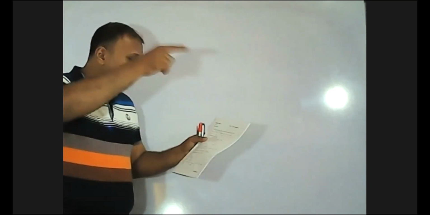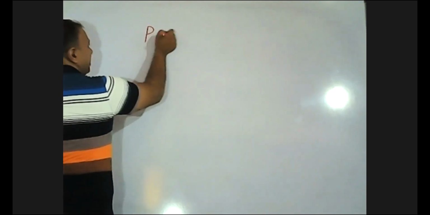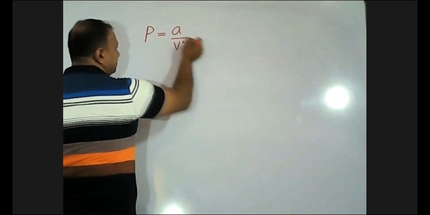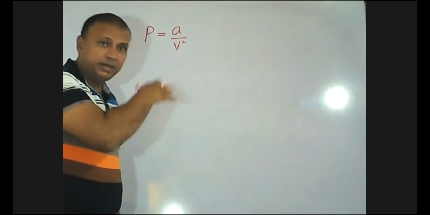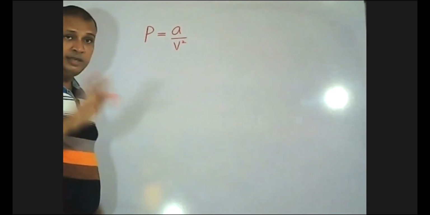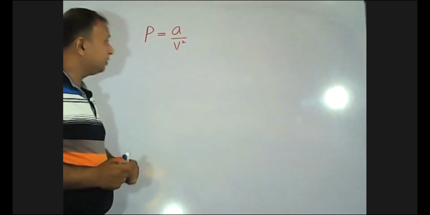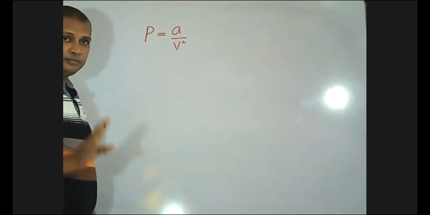That means P and A over V squared should be the same. Therefore, P should be the same as A over V squared. This is a dimensional equation, no? Not a numerical equation. Don't think P is equal to A over V squared. It doesn't mean like this.